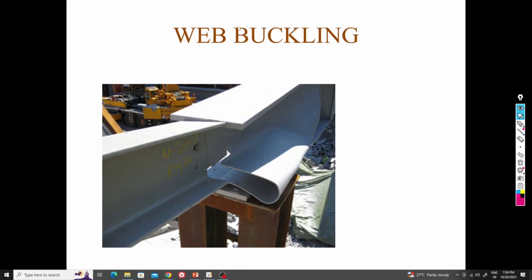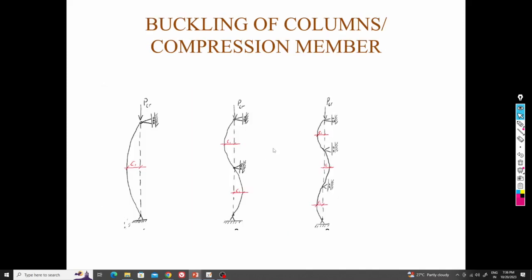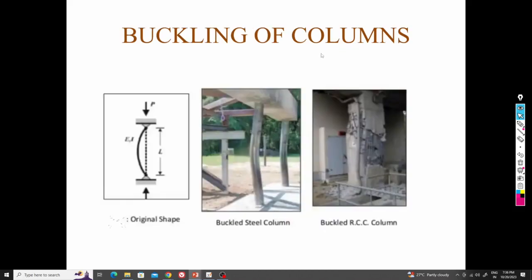See, the terms are very important. Buckling is something related with the compression. Even here also you can see, now we have already discussed this philosophy. Due to the load, as this pipe thickness is less or slenderness is more, it is buckling. Many times you can see the clear cut deflected shape in steel structures, but in RCC structures you cannot see the clear cut deflection like this, the way we draw on paper.